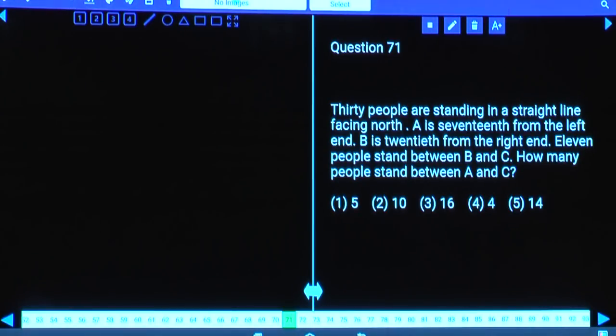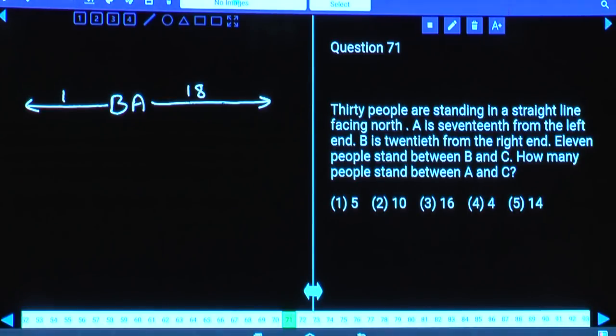Clear now? B is to the left of A. As B is 20th from the right, how many persons are there to the right hand side of A? 18. B is 20th from the right, this person has 18 to the right, and A is 17th from the left. To the left hand side of A, how many persons are there?